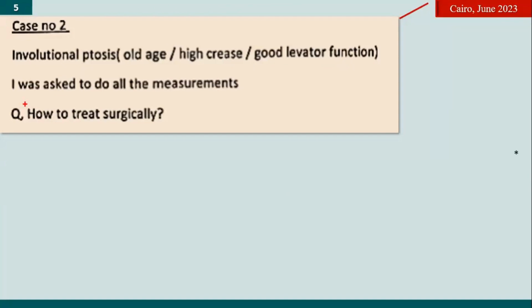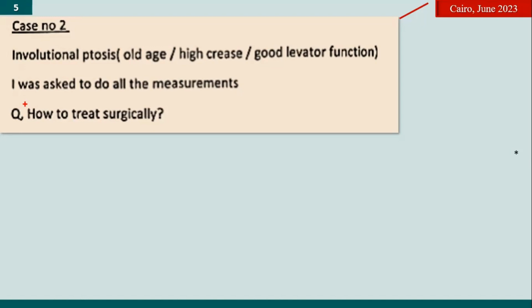Okay, another experience last year, involutional ptosis, because all the features are suggestive of involutional. The case was an old-aged man with a high lid crease and good levator function. I was asked to do all the measurements and how to treat surgically. So the examiner's question was specific about the surgical management.